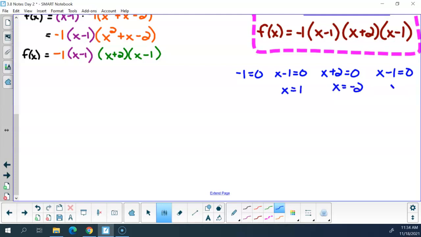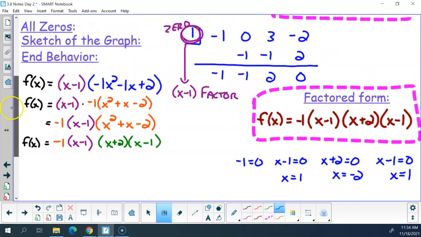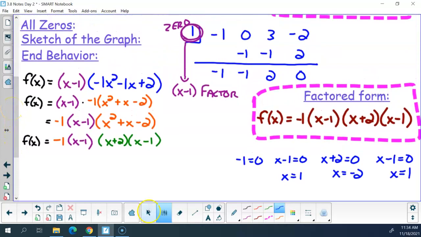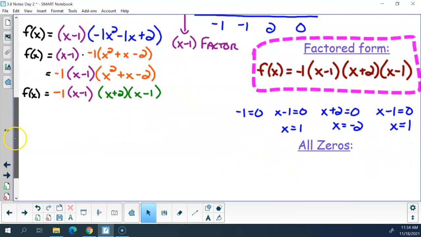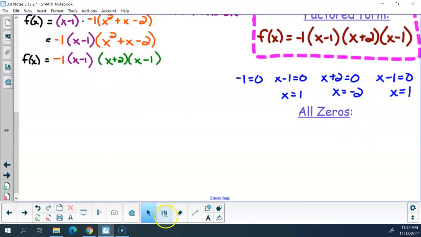That one negative 2. That one 1. So all my zeros are negative 2 and 1.